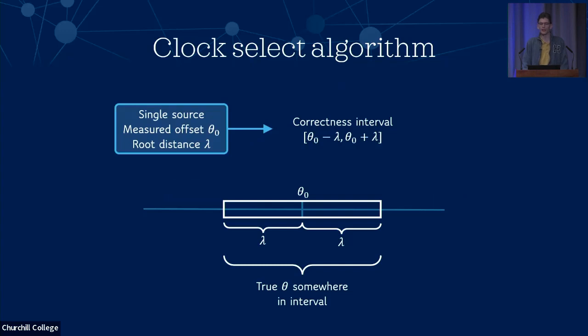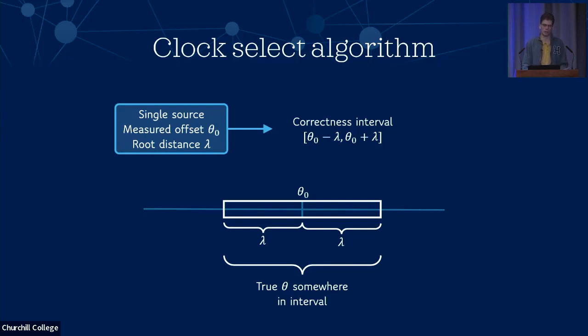The way we do this is by defining a correctness interval for each source, which we define as the measured offset plus or minus the root distance. And what we say is the true value of the offset is going to be somewhere within this interval. And this interval is going to be bigger for samples that have a larger root distance, so ones that have bigger error bounds, and smaller for ones that have smaller error bounds.